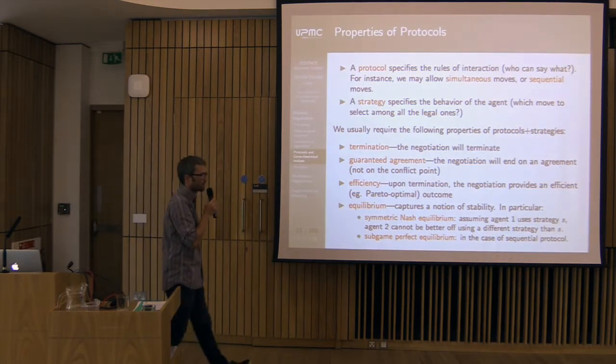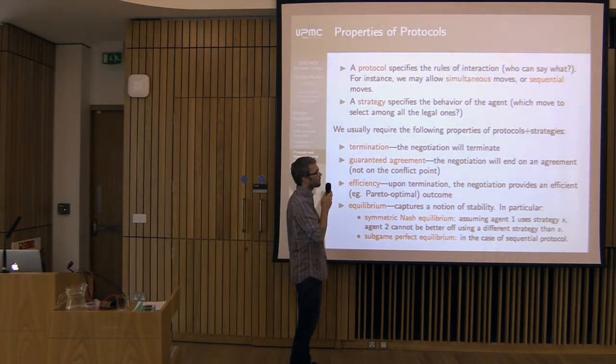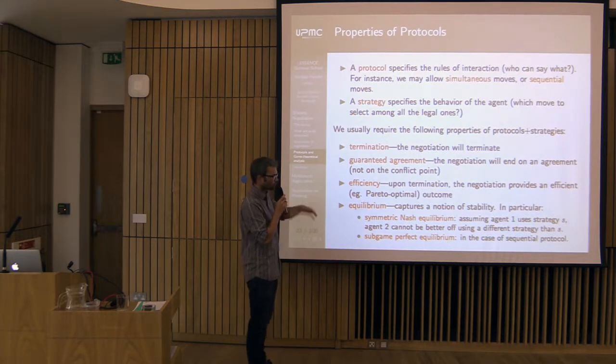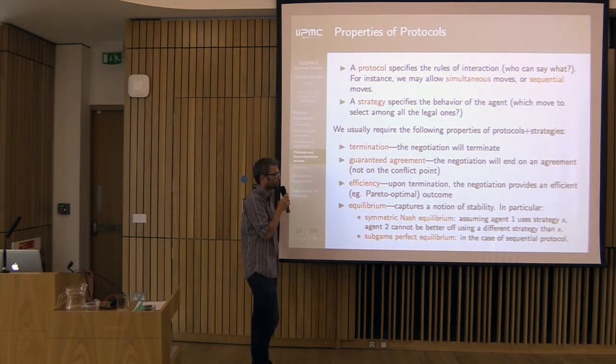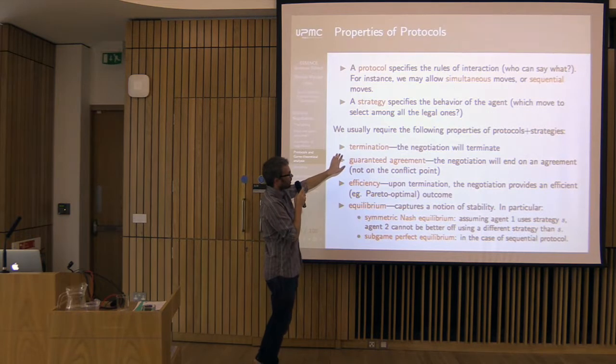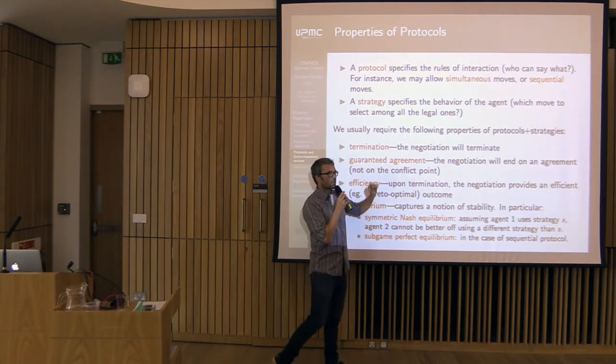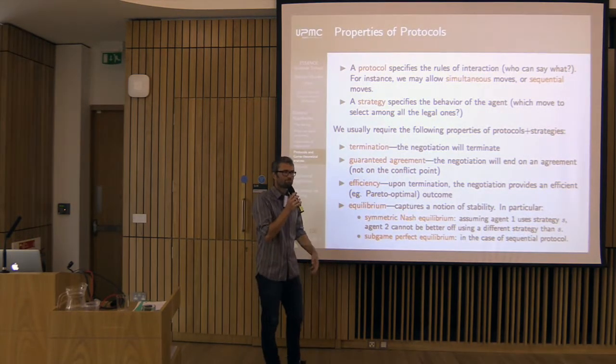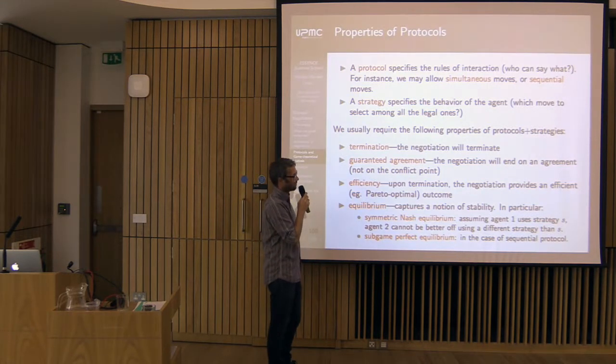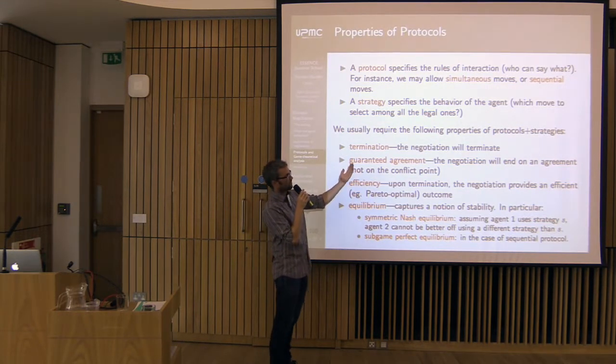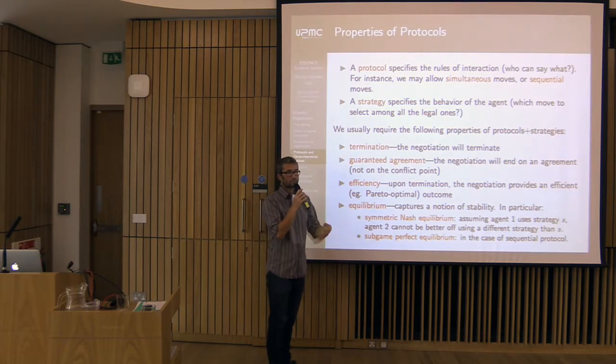What are the properties that we usually want for protocols and strategies? You can find that in different domains as well. Usually you like the negotiation to terminate. It can be the case that your protocol does not really define a proper way of concluding the negotiation, and you can have some deadlocks and so on, some loops.